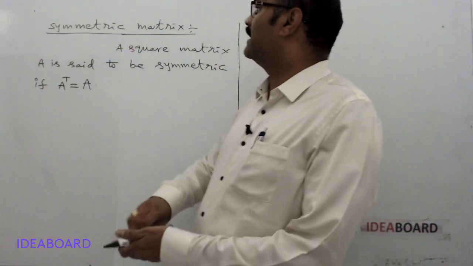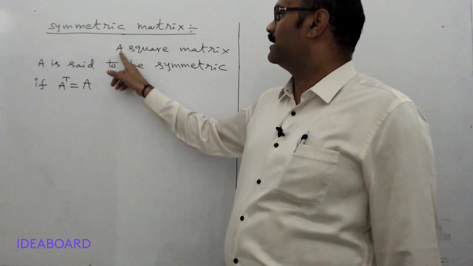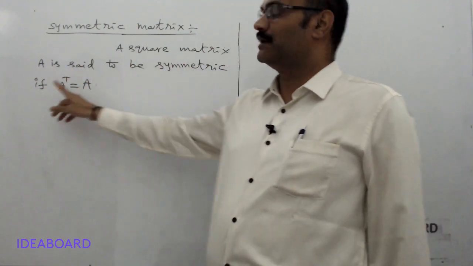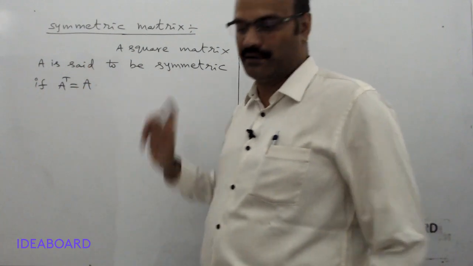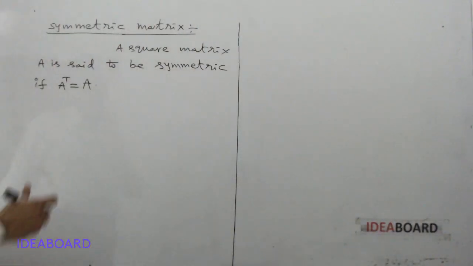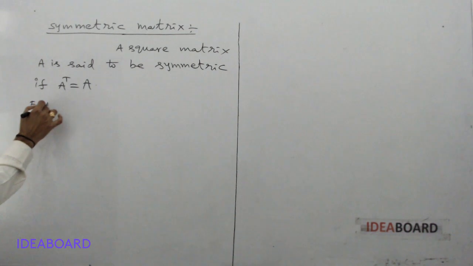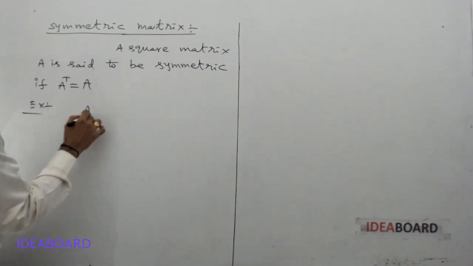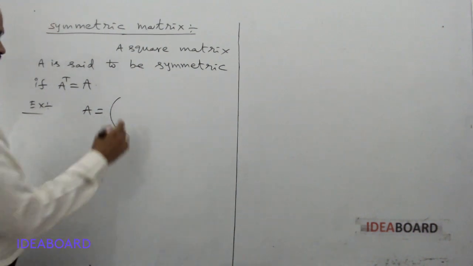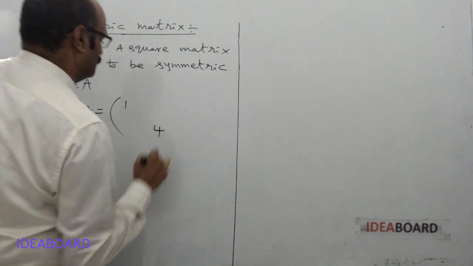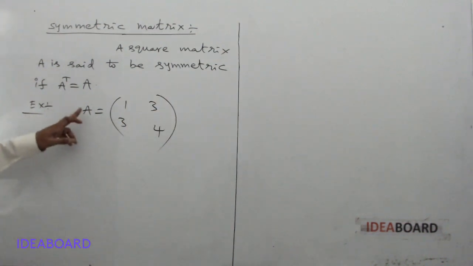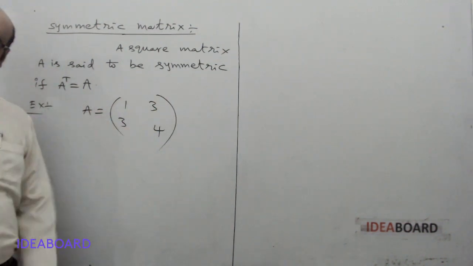Next, symmetric matrix. A square matrix A is said to be symmetric if A transpose equal to A. For example, let me take A equal to 1, 3, 3, 4.